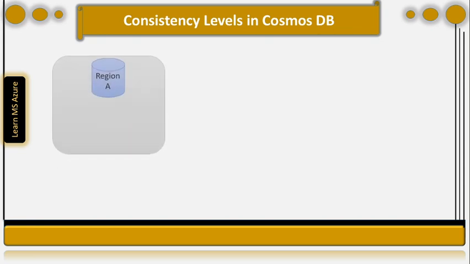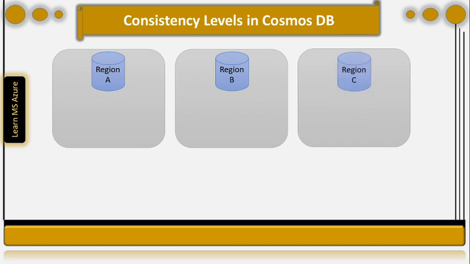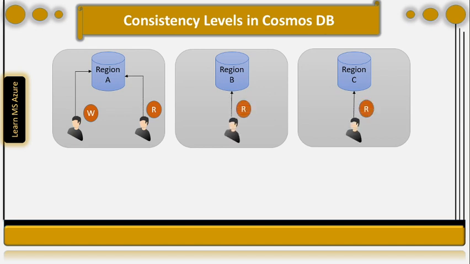So let's take an example. You have multiple regions enabled and you have the data present in regions A, B and C. Now suppose the user present in region A is actually writing data. It is actually updating the data, and at the same time the users present in regions A, B and C are reading the data.